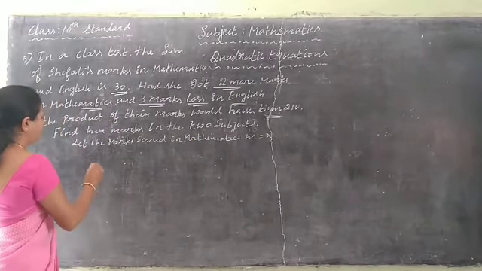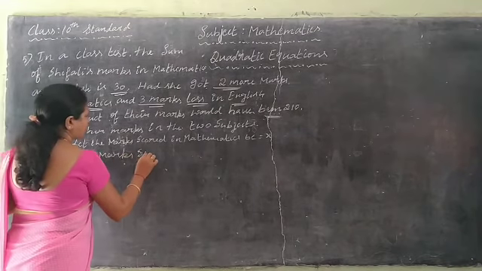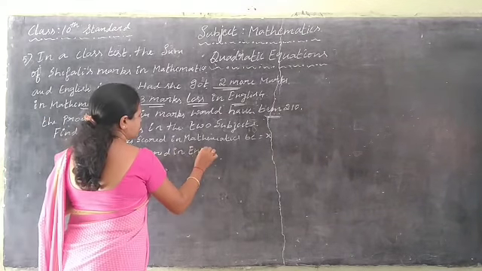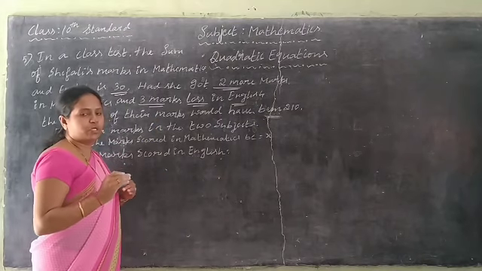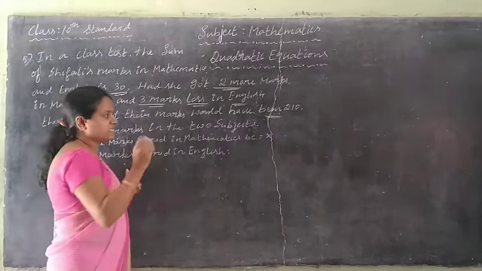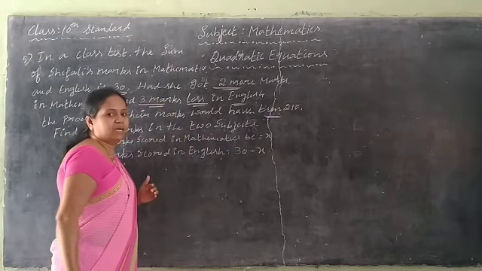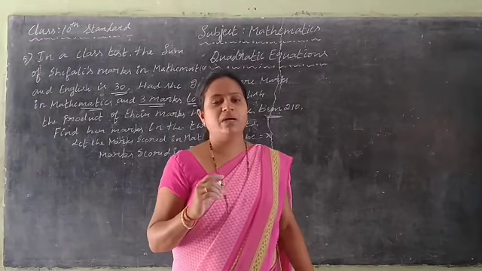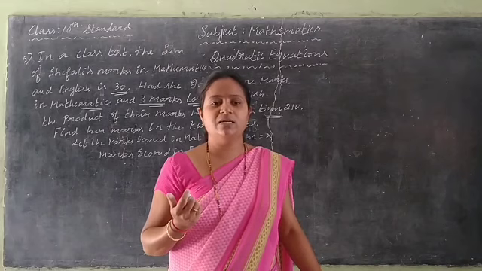Okay. Now we have written the marks scored in mathematics, isn't it? In the same way, marks scored in English. For both the subjects, he has given 30, children. So what we are going to do is subtract x from 30. That will be the marks of English: 30 minus x. Got it. So the marks scored in mathematics we consider as x, and English we consider as 30 minus x.